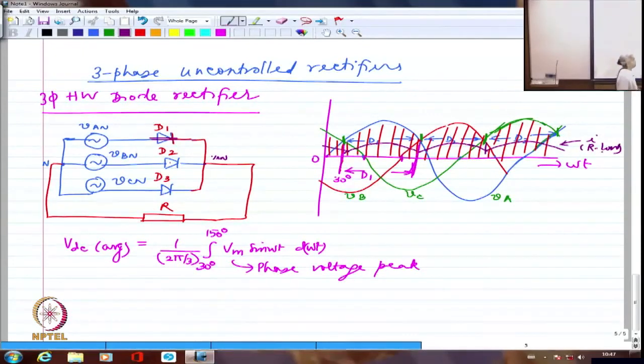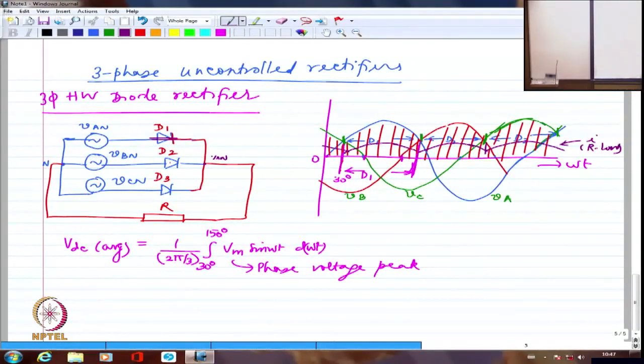For R load, the current will exactly follow the wave shape of the DC load voltage. But A phase will conduct only for this duration, B phase only for this duration, and C phase only for that particular duration.